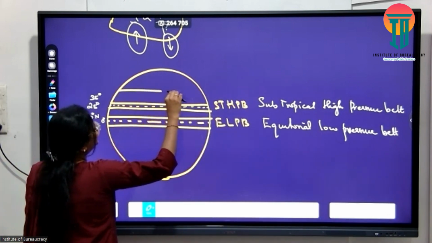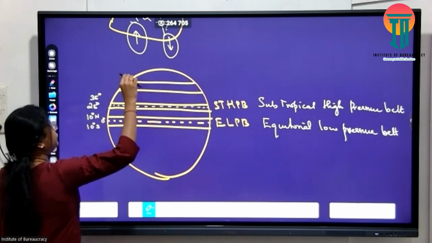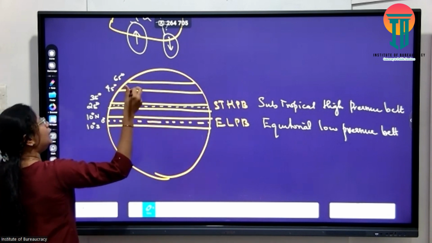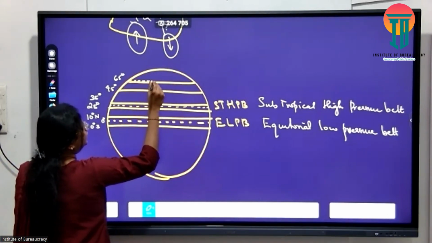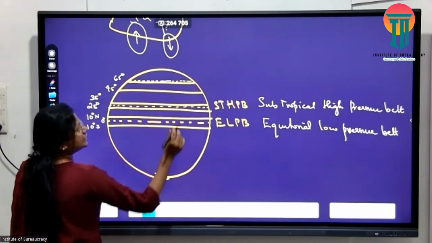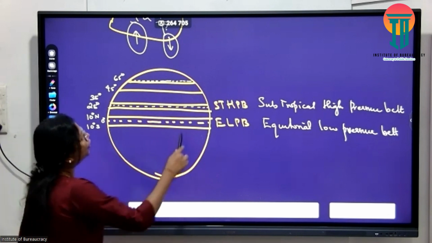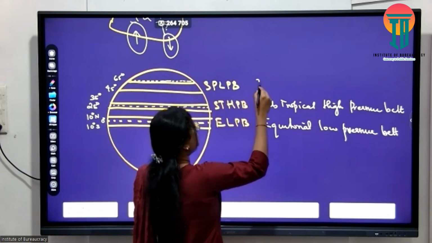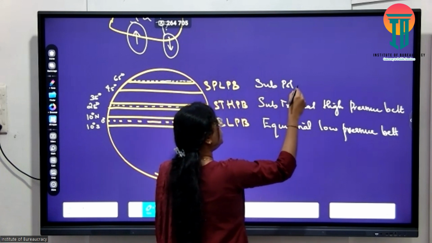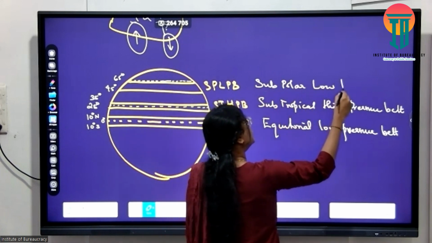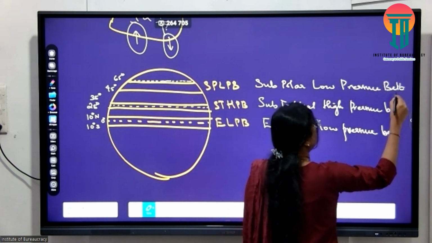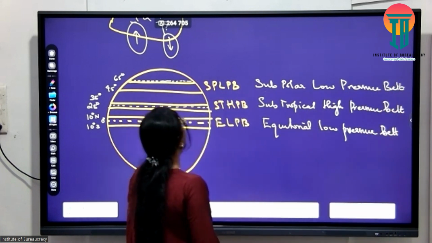And at latitudes 45 to 65, just nearer to your 66 and a half degree latitudes, this is known as the subpolar low pressure belt.